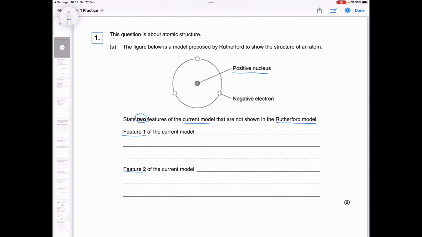The current model has protons and neutrons present in the nucleus, and this is not shown in the Rutherford model.